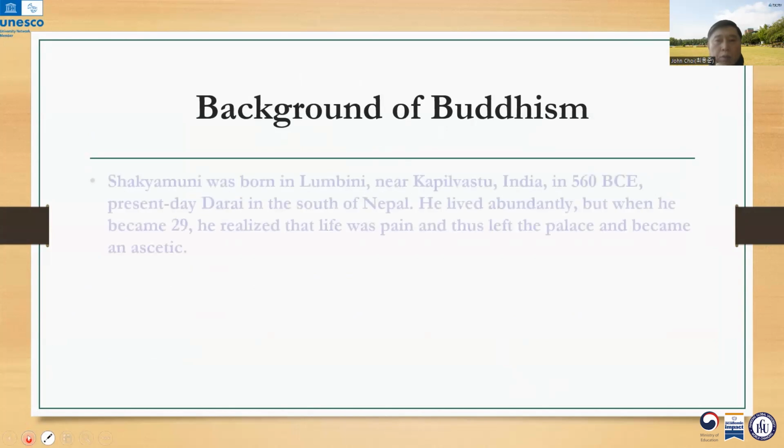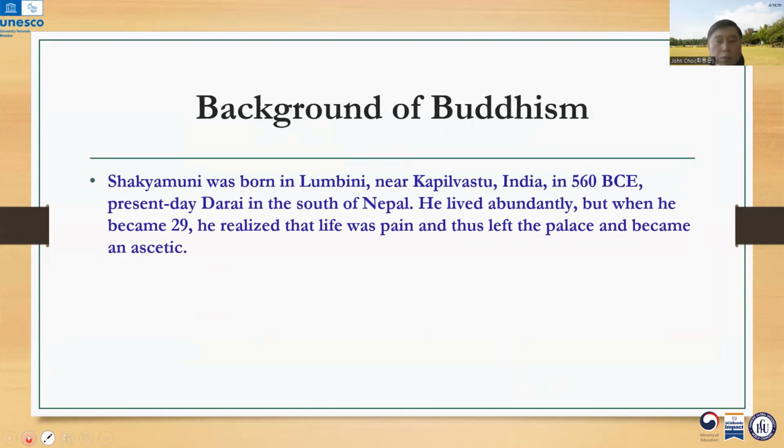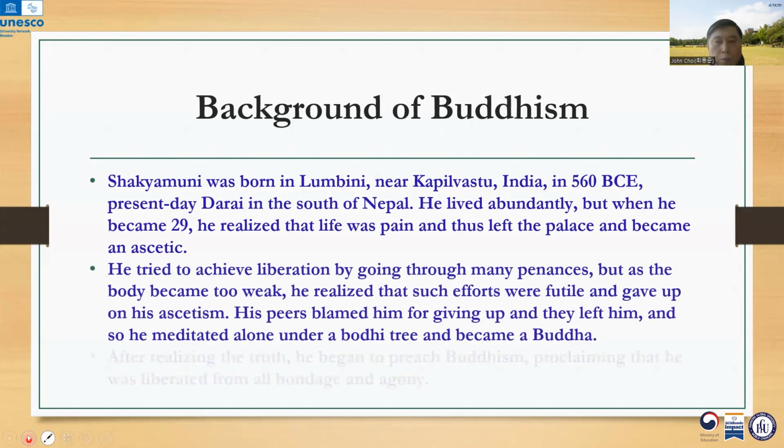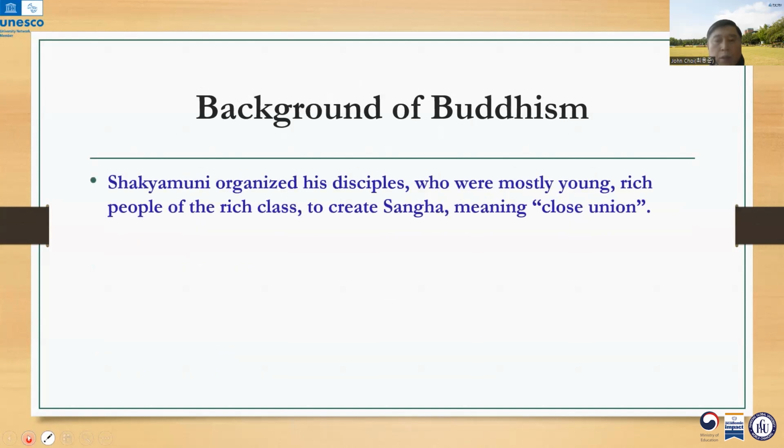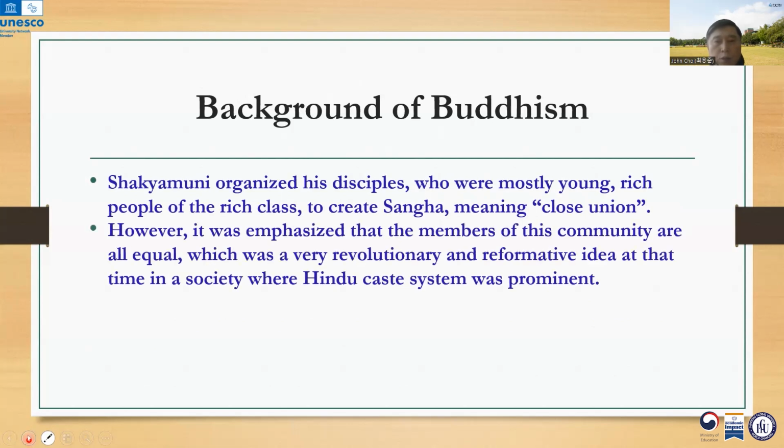And also the background, focusing on Shakyamuni and his experience, and he started to organize his disciples to create the Buddhism school and movement.